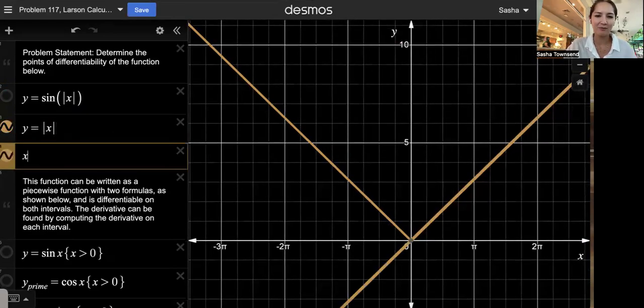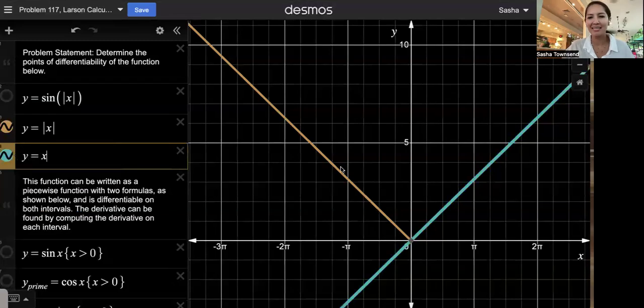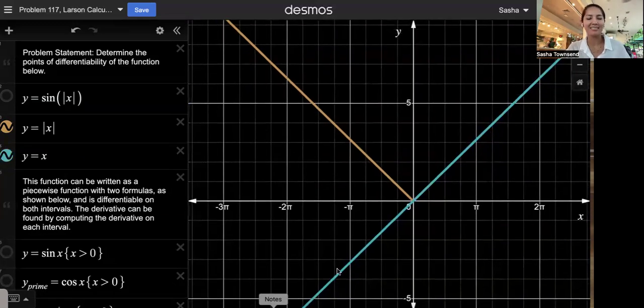And if you're not really sure, if you don't believe me, look at the graph of y equals x. And then just think about what it means to take the absolute value. Well, the absolute value is the distance from 0, so it's just going to give you the function value back if that number is positive. And if that number is negative, it's going to make it positive, so it's going to multiply it by -1.